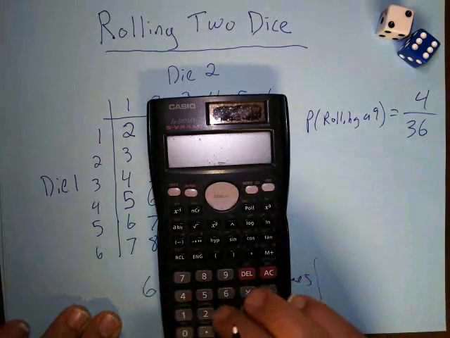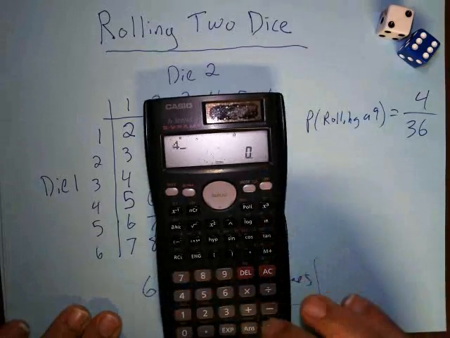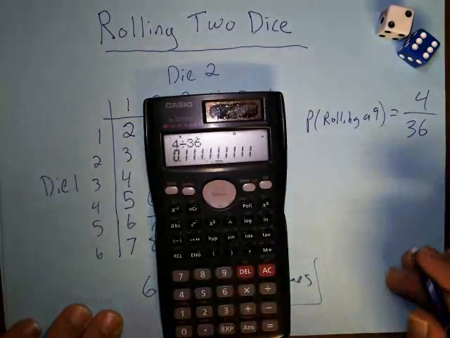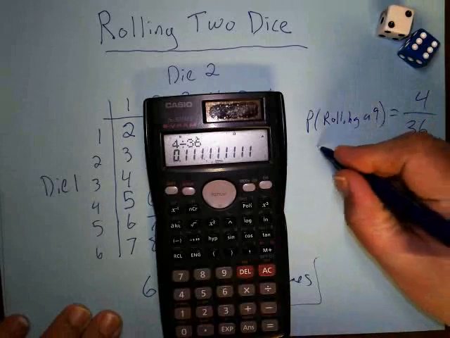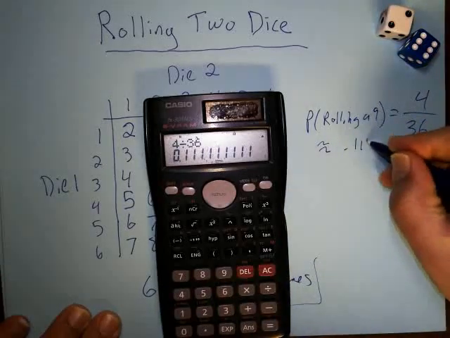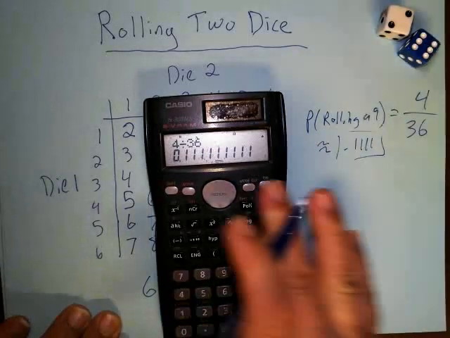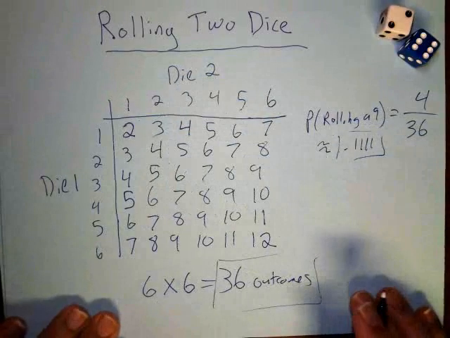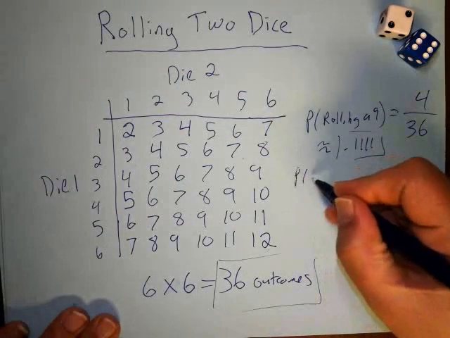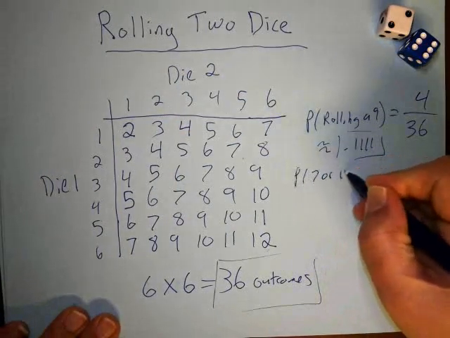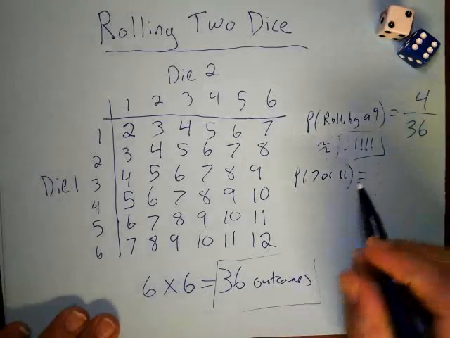So 4 divided by 36 would be 0.1111 if I round to 4 decimal places. 1/9.